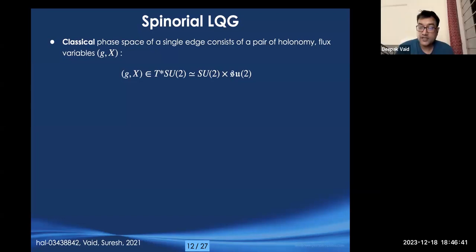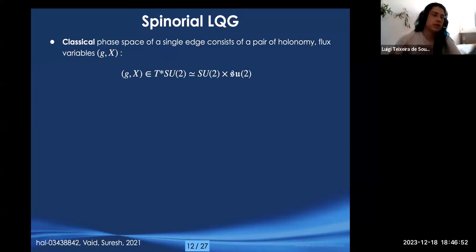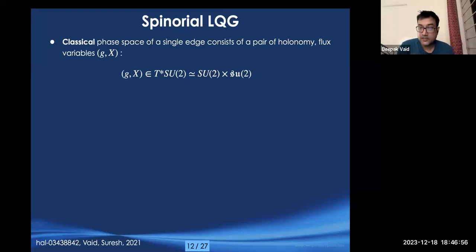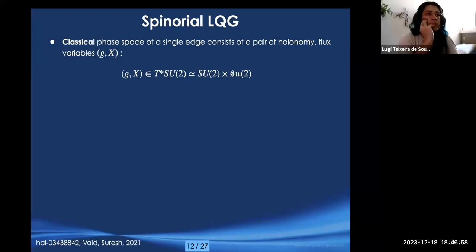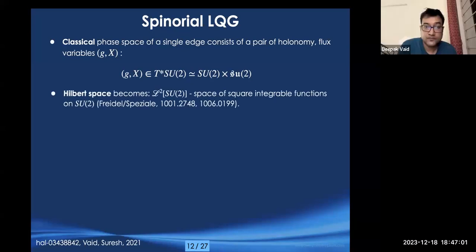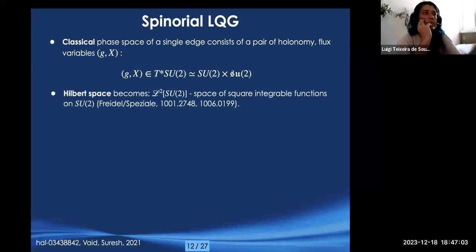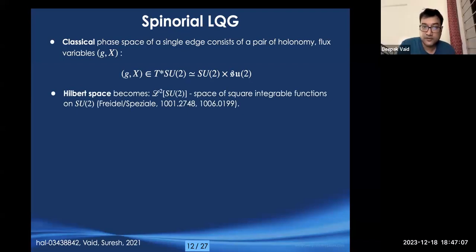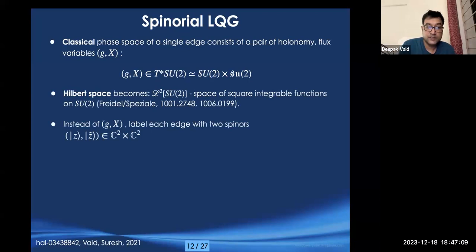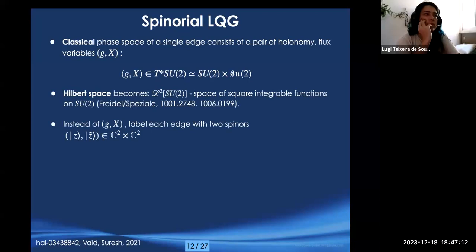If you take any manifold and the set of all the tangent spaces at each point, you get the tangent bundle, a fiber bundle. So this lives in the tangent bundle of SU2, and then the Hilbert space becomes the space of square integrable functions on SU2.